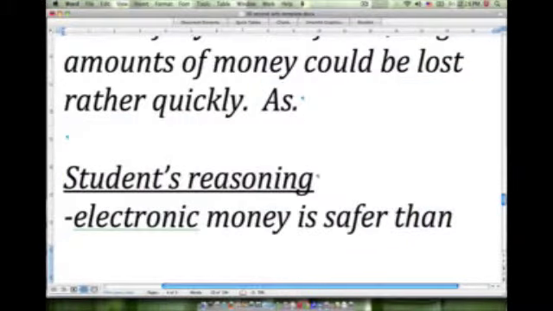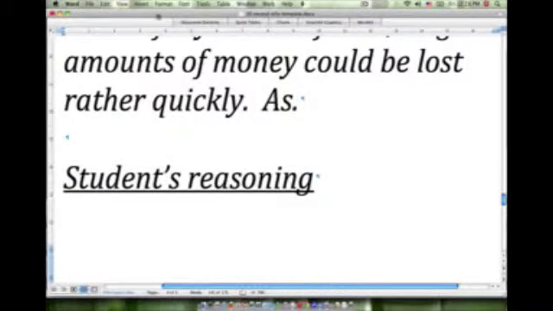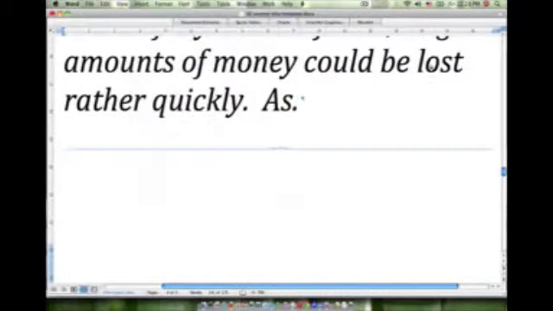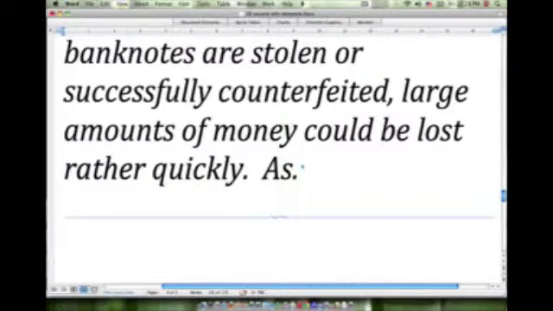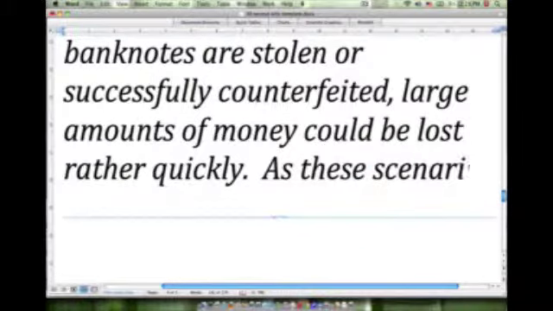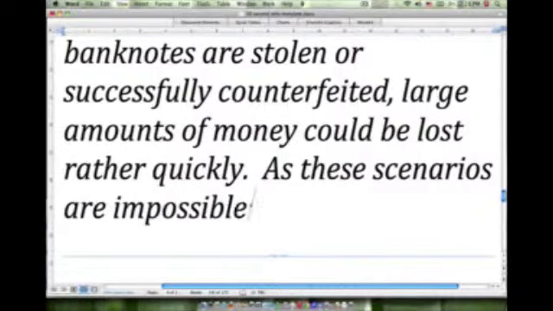Now maybe we can say something like, as these scenarios are impossible. Now when I say these scenarios, I'm talking about stolen money or counterfeited money.